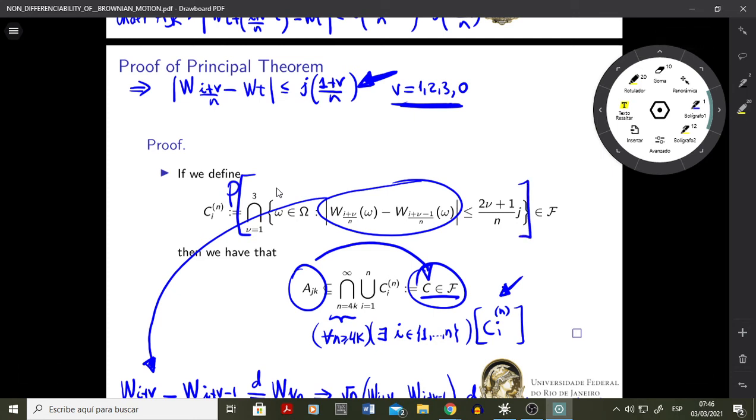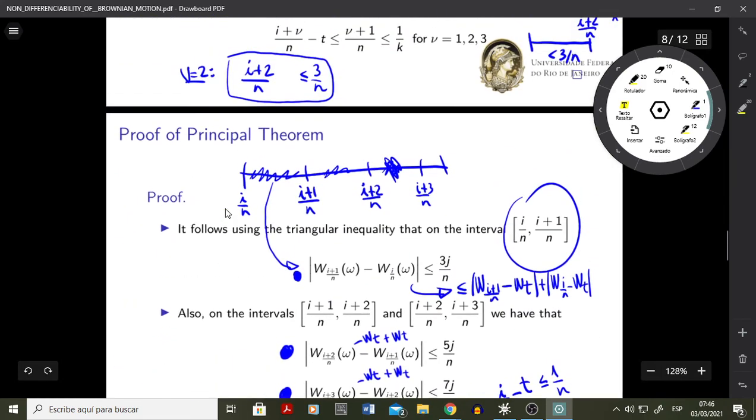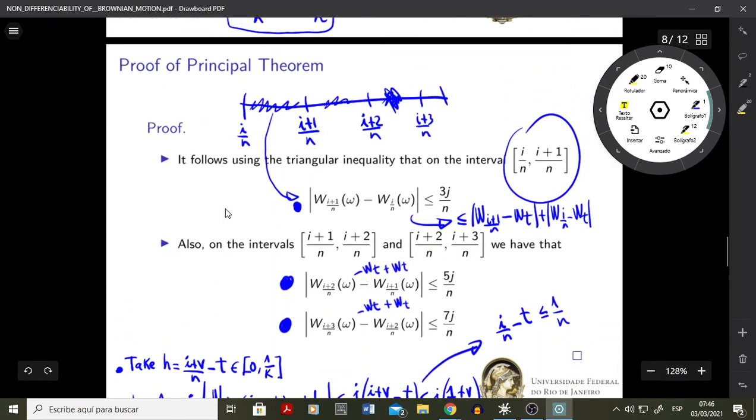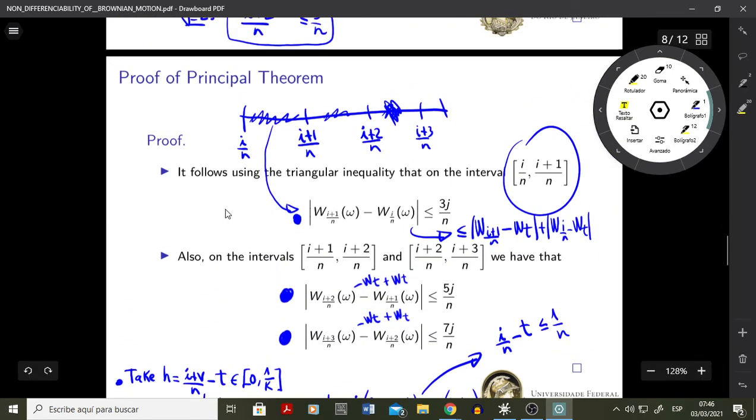Those three events are in three intervals that are not overlapping.